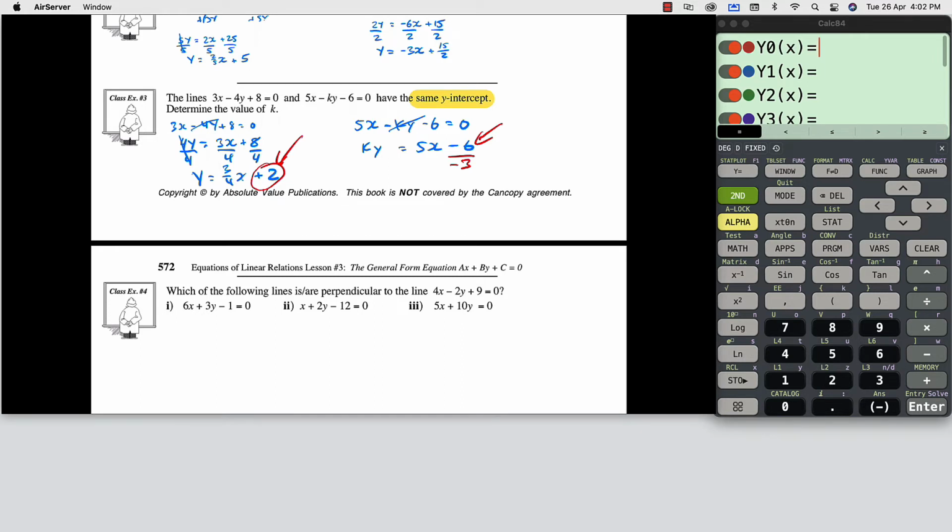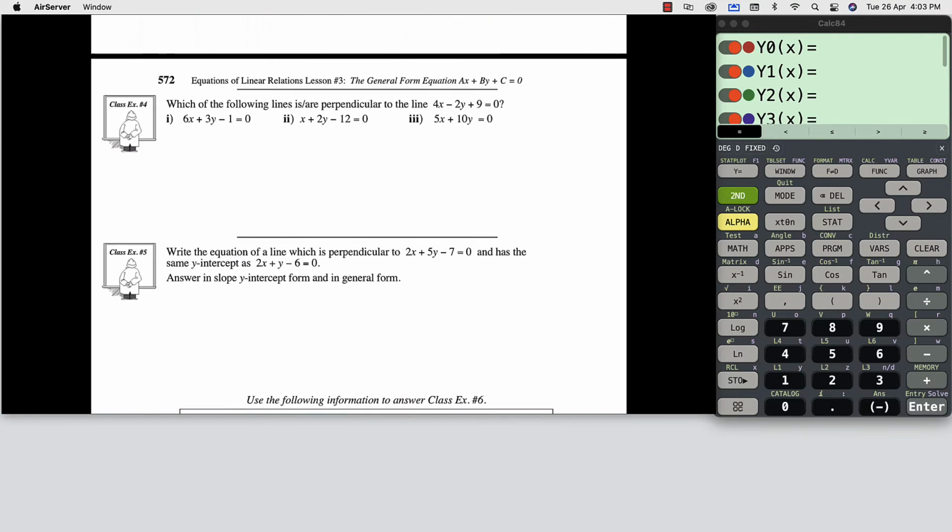So essentially the value of k needs to be negative 3 so that we divide everything by negative 3, and the equation for this will be y equals negative 5 over 3x plus 2, and now they would both have the same y-intercept if k was to equal negative 3. Final answer.